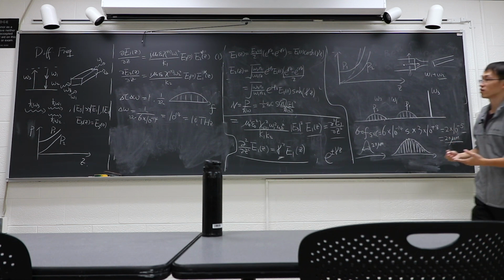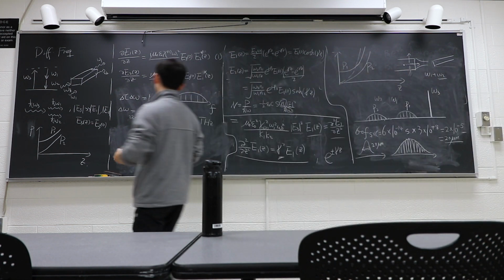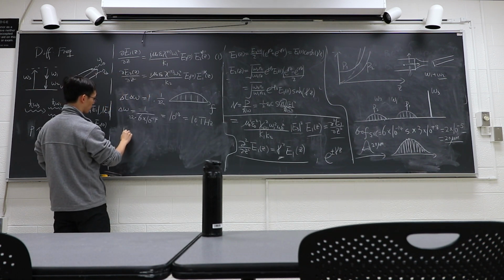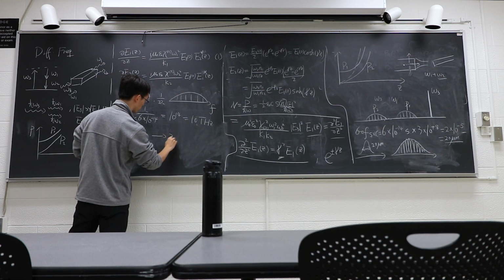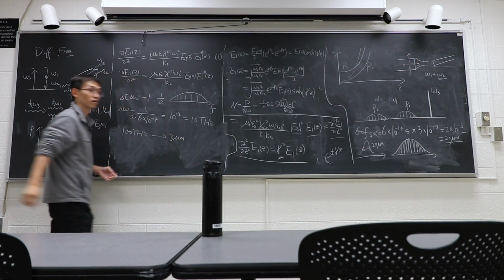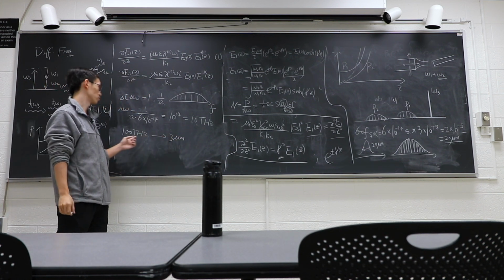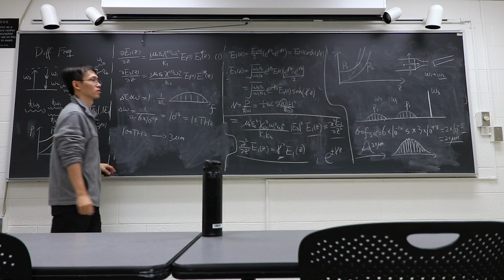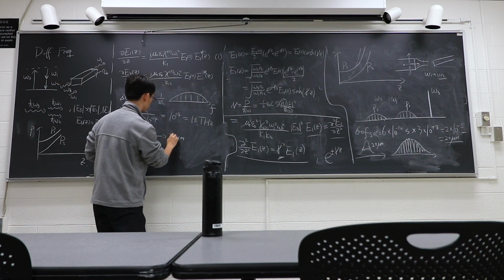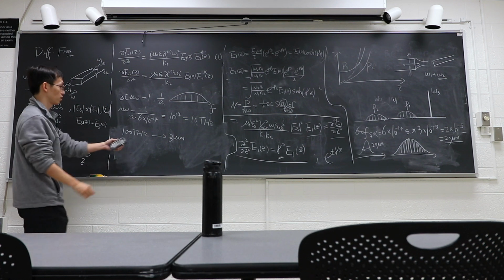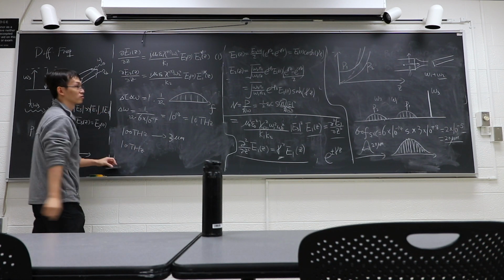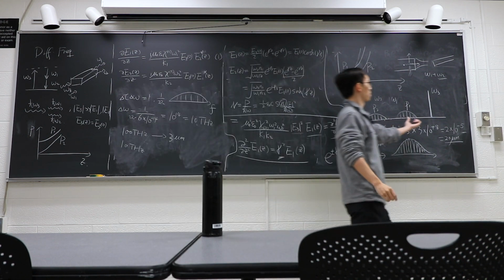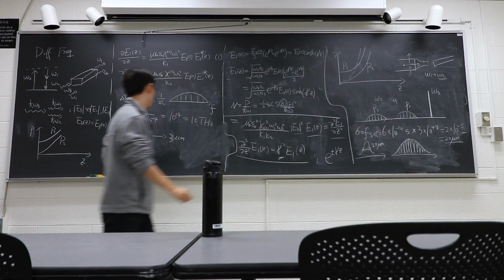Then the end result is, let's think about it. If you're off by 100 terahertz, that gives you roughly 3 micron. That's the wavelength associated with 100 terahertz. And then if you now tune a little bit, so the frequency difference is 10 terahertz.